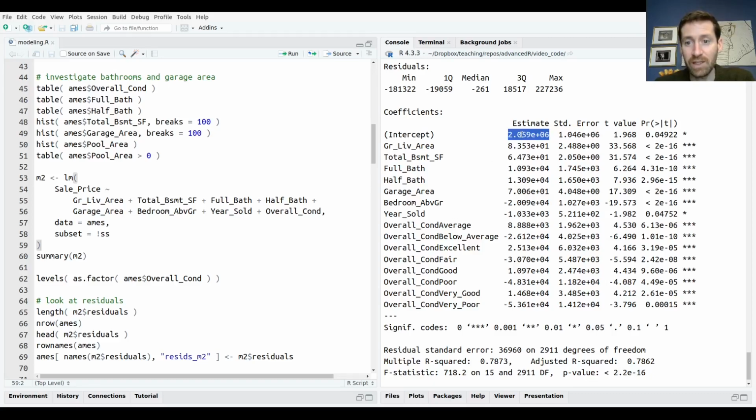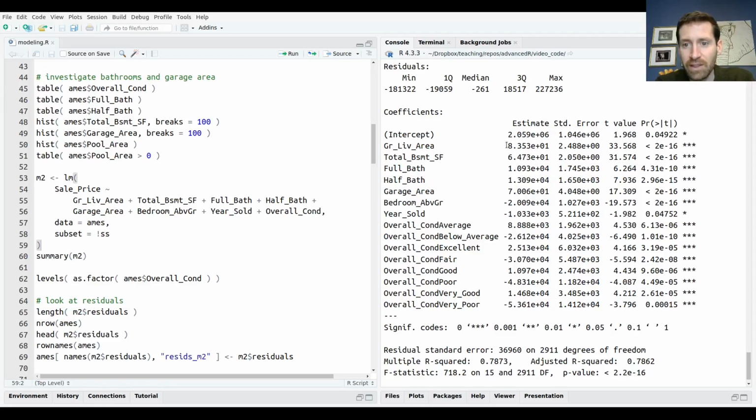And the reason you get such a big value is because the coefficient on year sold is negative, which if you visualize this over time between 2006 and 2010, prices are going down. And so if you take that downward sloping line and extrapolate it backwards in time, you're going to get a huge positive intercept. Okay, so that's why that number's weird.